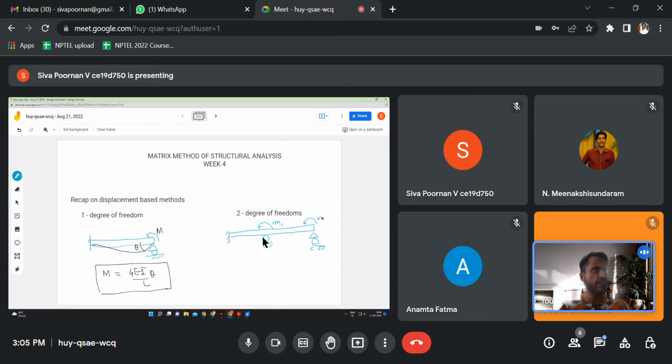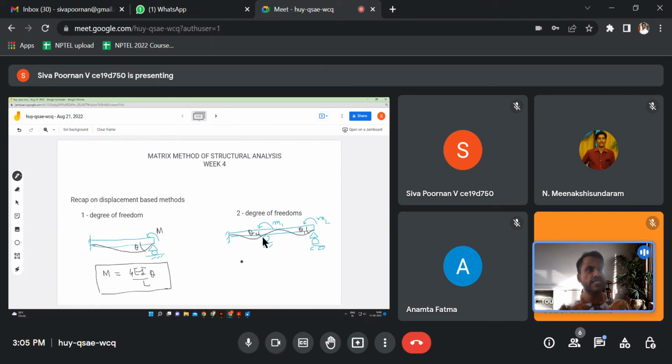I can find out the rotations that are taking place at both these ends, right? The probable deflected shape for this could be something like this. So this would want to rotate downward. Okay, something like this. So we have a rotation theta 1 at this end and theta 2 at this end.